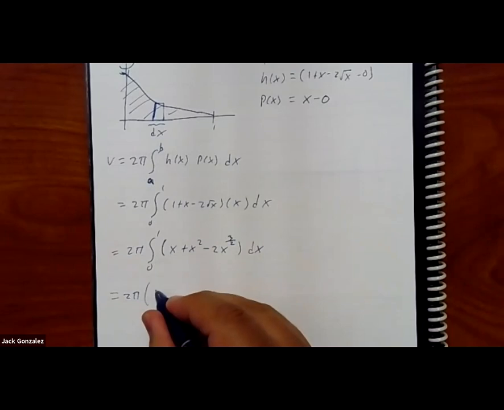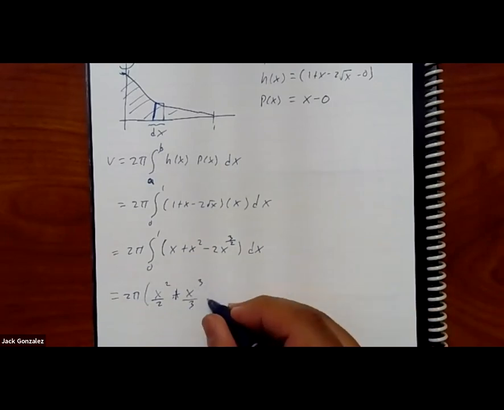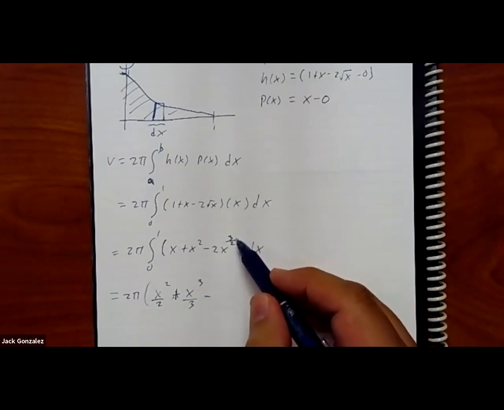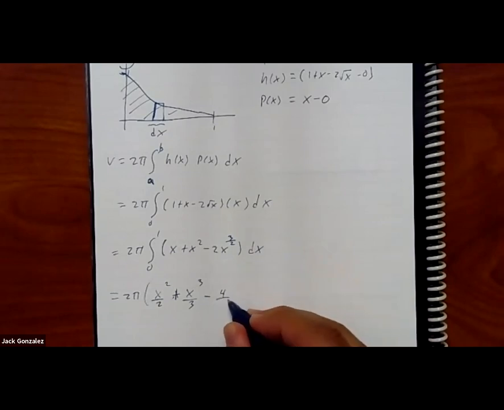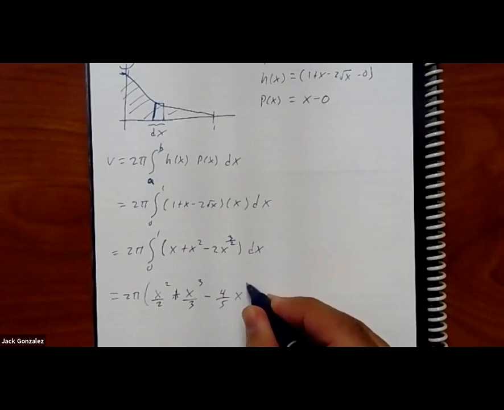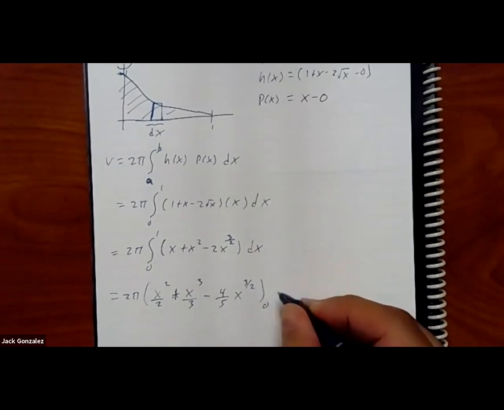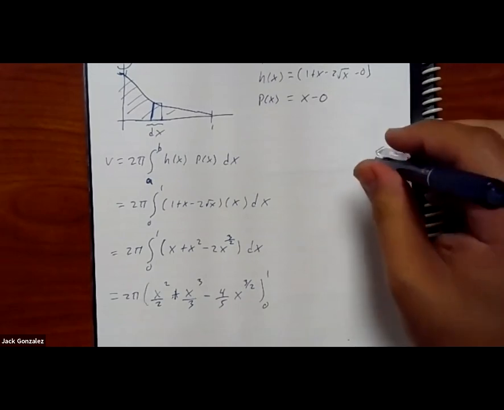So that will be x squared over 2 plus x cubed over 3 minus, what? 3 halves plus 1 is 5 halves, right? 2 divided by 5 halves is 4/5. Correct? Okay. I keep putting 3 when it's supposed to be 5.